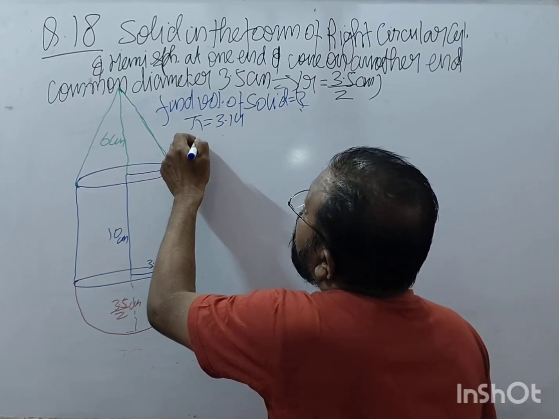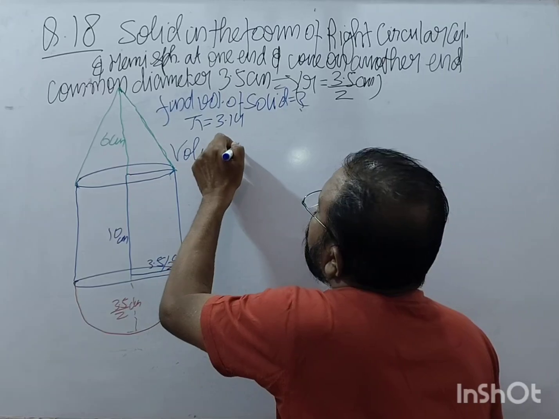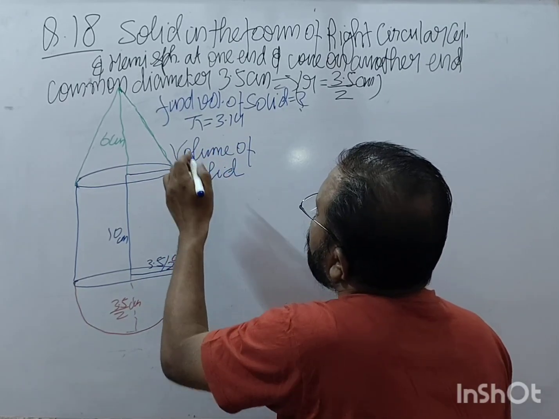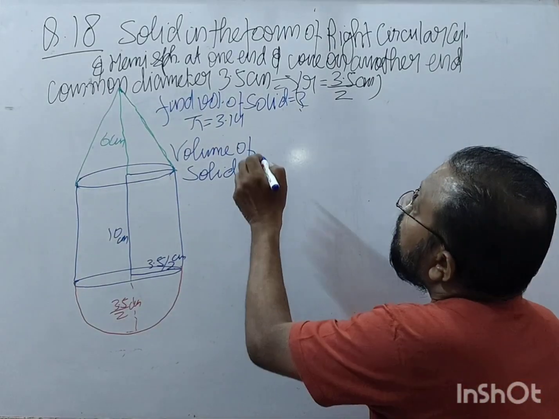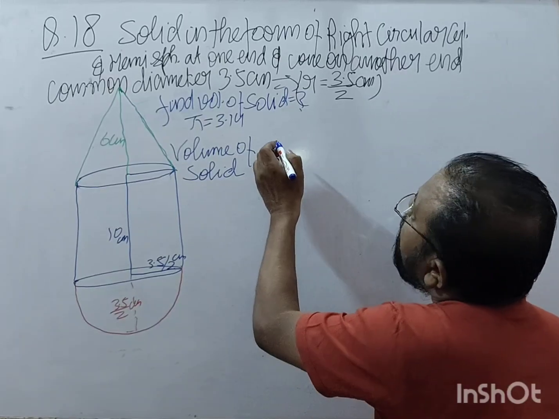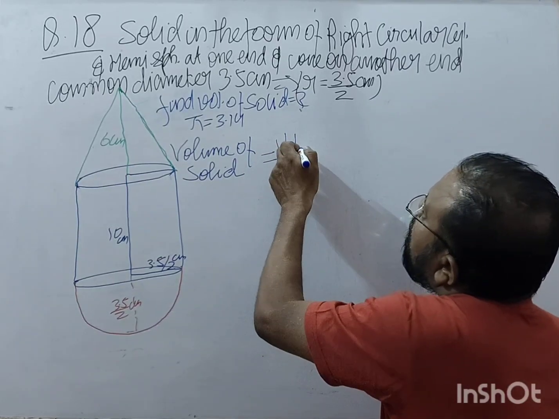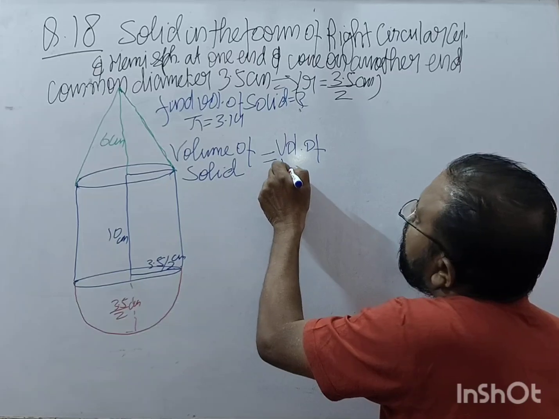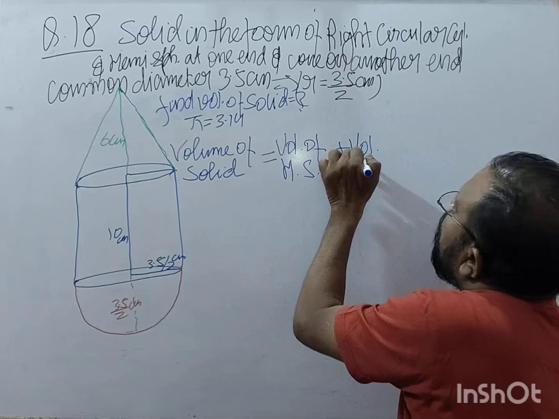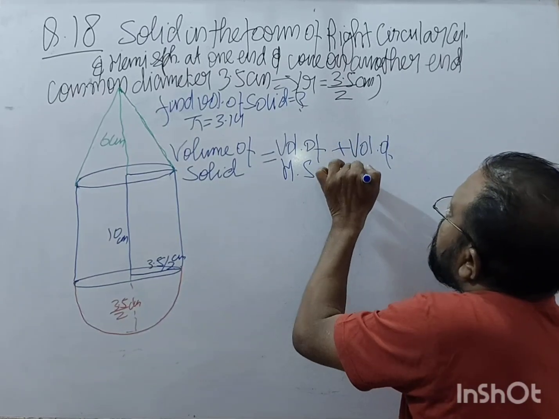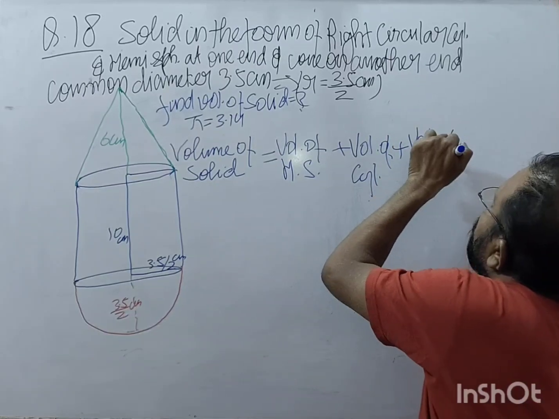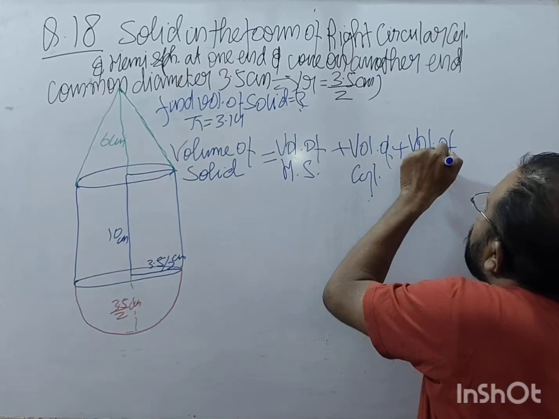So the volume of the solid is equal to volume of hemisphere plus volume of cylinder plus volume of cone.